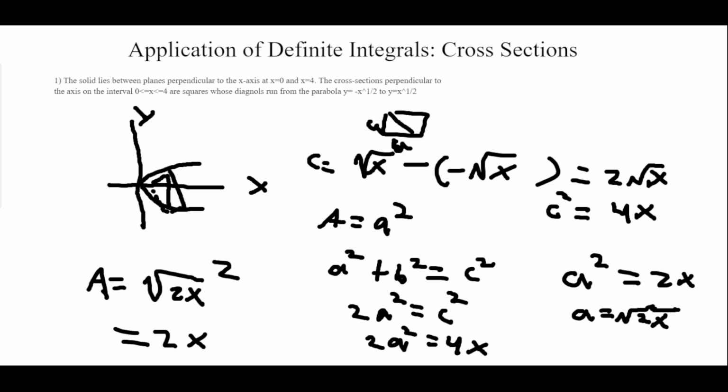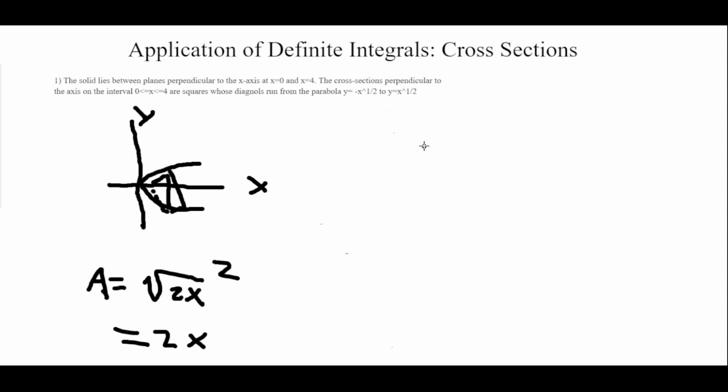So we want to find the volume. And in order to do that, we're going to have to integrate this. So let's erase this over here. We're going to do the integral from 0 to 4, and that's because they're saying the cross sections are on the interval 0 to 4.